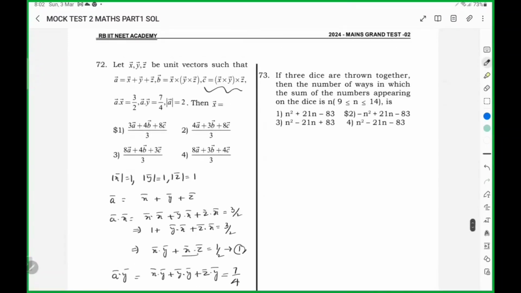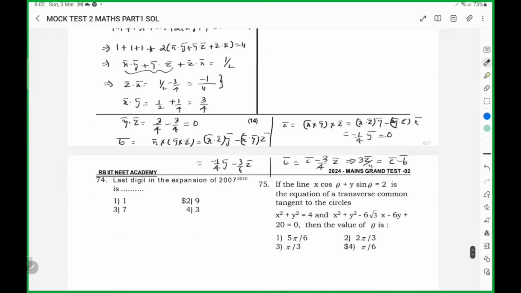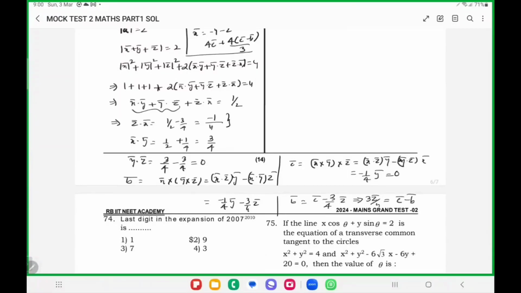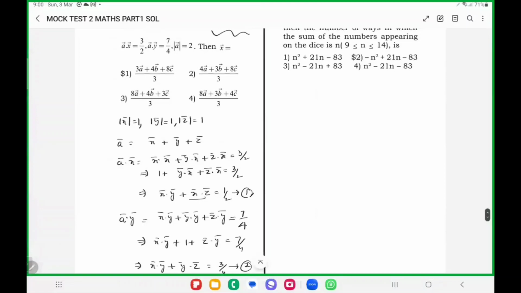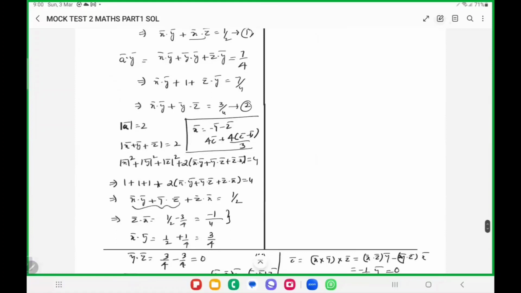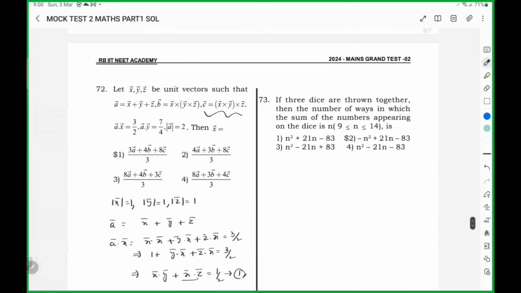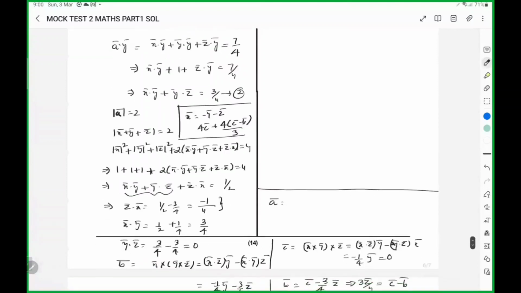So finally, what we have to find out is x̄ is minus ȳ minus z̄. So we got B̄ and C̄. Here Ā will be x̄ plus ȳ plus z̄, so x̄ is Ā minus y minus z.